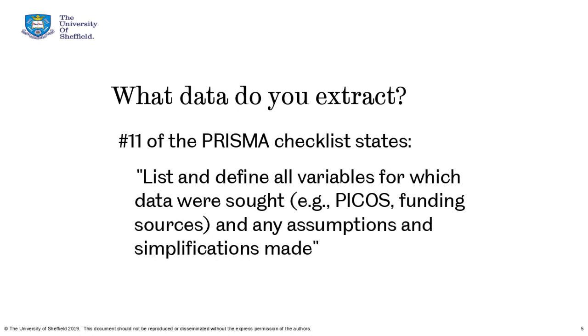So in terms of the data that we extract, well, Prisma has consistently stated that we should list and define all variables for which data was sought. It suggests that PICOS should be a building block for this data extraction process, accompanied by perhaps considerations on a meta study level, such as funding sources, or in the context of qualitative research, this might be reflexivity about the positionality of the authors, and that it should also include any assumptions and simplifications made, whether these be in terms of what constitutes data, whether, for example, verbatim extracts only are to be used, or whether accompanied by author observations, or indeed whether themes that have been already generated by the authors will be used, or whether we will be extracting and then assigning our own themes.